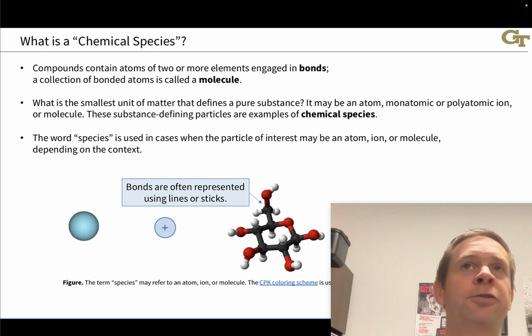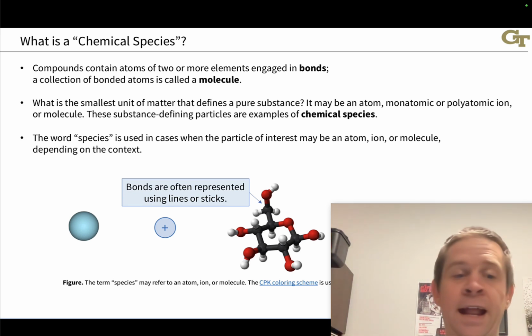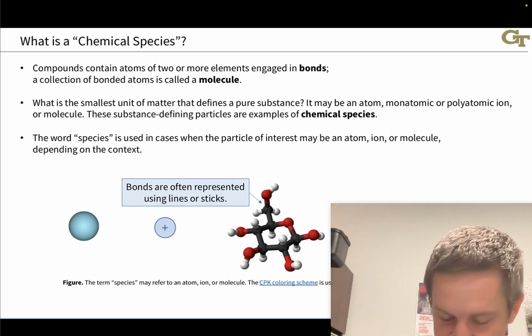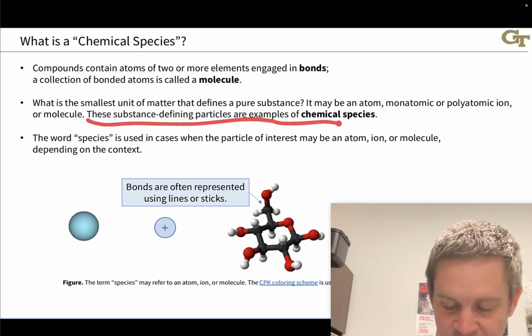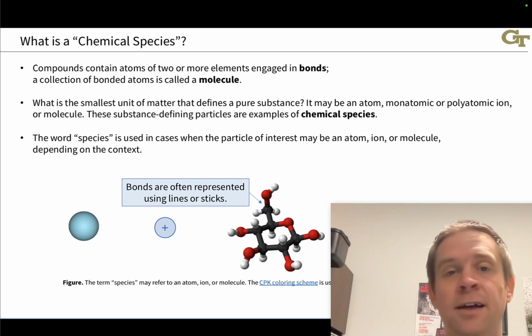You'll learn things about the submicroscopic world that apply whether the particle of interest is a single atom, a molecule, an ion, monatomic ion, polyatomic ion, etc. So we use this umbrella term chemical species to refer to all of those things, these submicroscopic particles that define a substance. These are the substance-defining particles, as I say on the slide, chemical species, atoms, molecules, ions, etc.